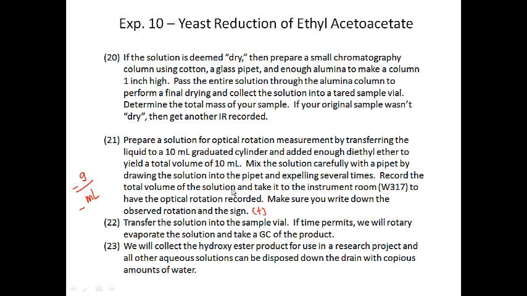Now, in terms of the optical rotation measurement, you need to convert your experimental rotation into what's called a specific rotation. The specific rotation is called alpha, D, 20. This is what we call the specific rotation, and this is described in your lecture textbook.